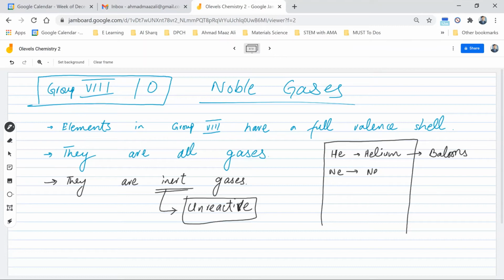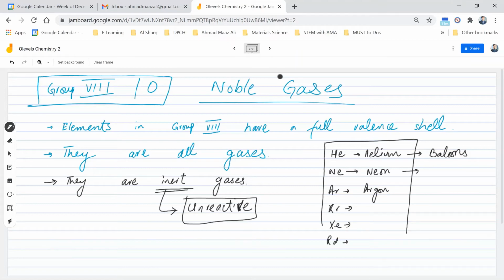We need to know the uses of all these, I'll tell you in a minute. Let's just list down all the noble gases. After neon we have argon, then krypton, xenon, and radon.